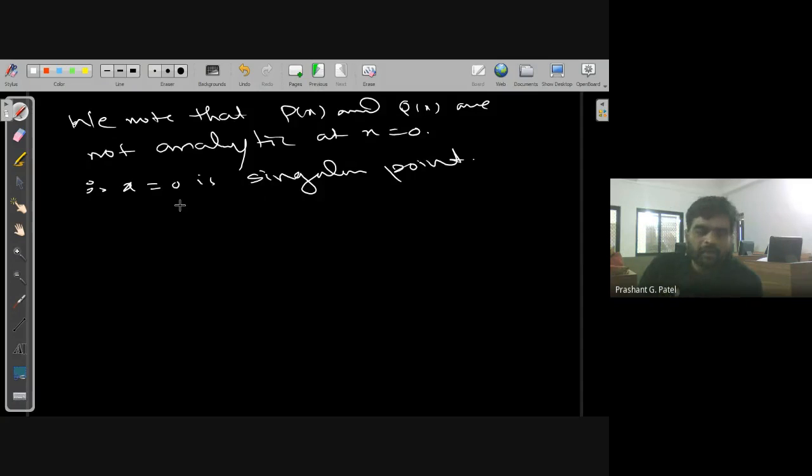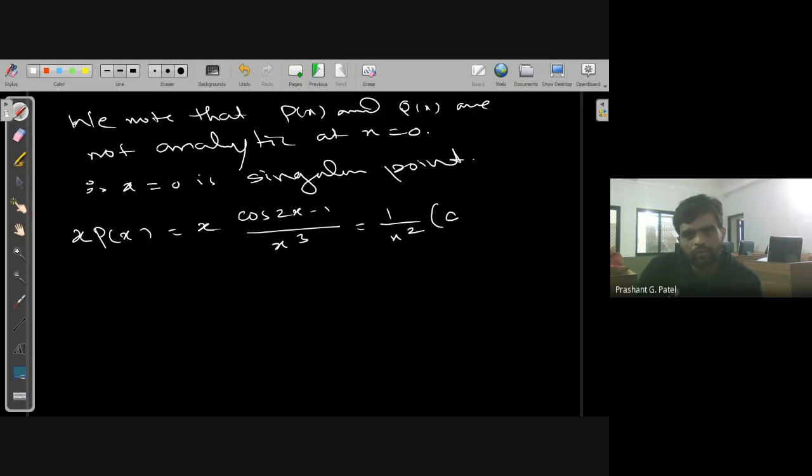To check for a regular singular point, you have to check what x into p of x is. You observe that x into p of x will be x into (cos 2x minus 1) upon x cube. So it is 1 upon x square into (cos 2x minus 1). I have to check whether this function is analytic or not.